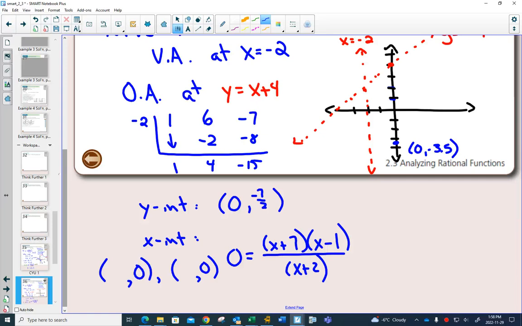Because the only place a fraction equals 0 is if the top is equal to 0. I can multiply both sides by x plus 2 right now and just get rid of the bottom. And it's already factored for us. So we can see that one of them has to be at -7 and the other one at +1. So I go to my graph. And I can label -7, 0 and 1, 0.